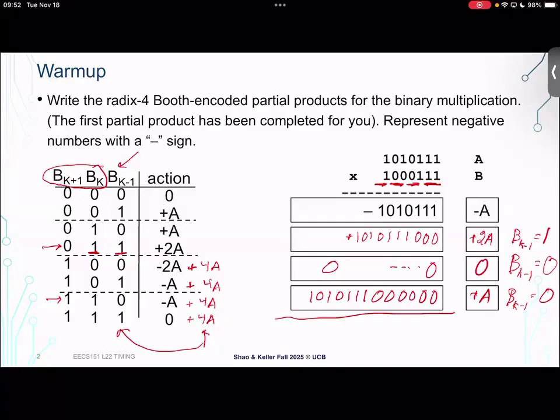Yes? This one, yeah. So why did I shift 3 instead of 2 here? Can someone explain that? Yeah. So 2A, so we shift 2 because of the place that we're in in this set of 2 bits, right?